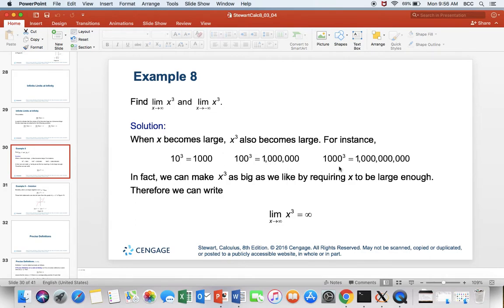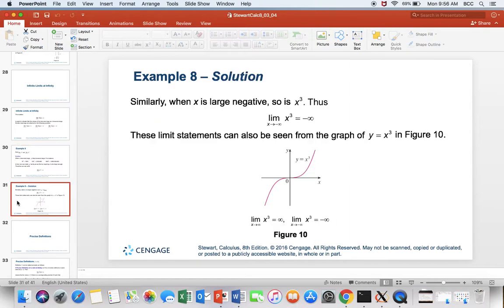That's 1 million. 1000 cubed, that's 1 billion. In fact, we can make x cubed as big as we like by requiring x to be as large as we want, right? So limit x approaching infinity of x cubed is infinity.